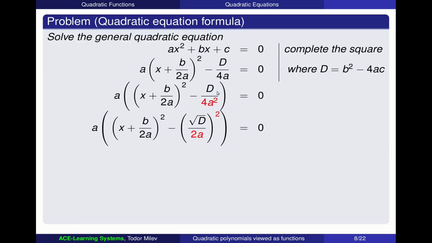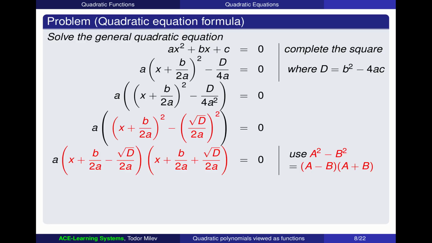So what we have done so far is we have transformed the constant term into a perfect square. Why on earth would we want to do that? Well, here's the trick. By transforming the constant term to a perfect square, we have arranged that the expression here is a difference of two squares.